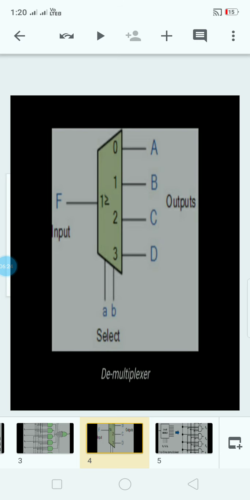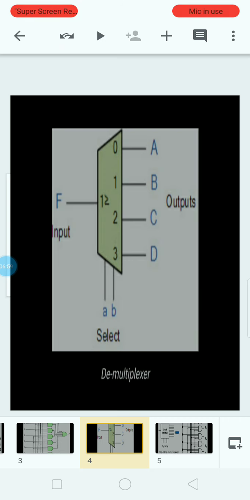Now, what are the applications of a demultiplexer? Demultiplexers are used to connect a single source to multiple destinations. The applications include the following. First is the communication system. Multiplexer and demultiplexer are both used in a communication system to carry out the process of data transmission.